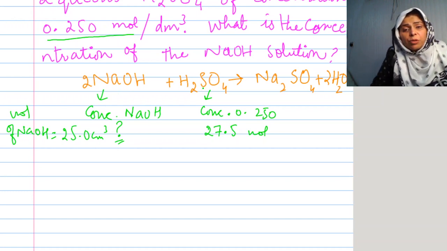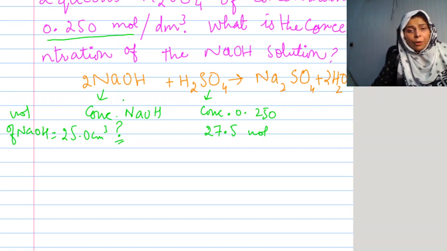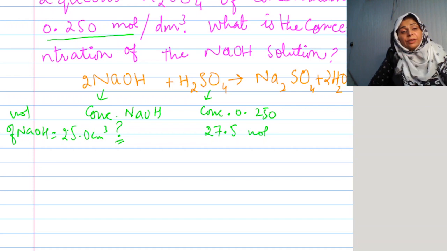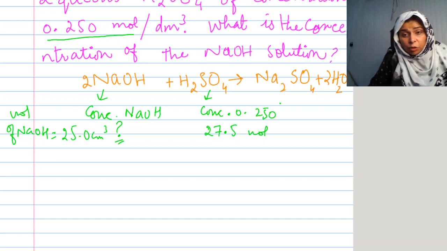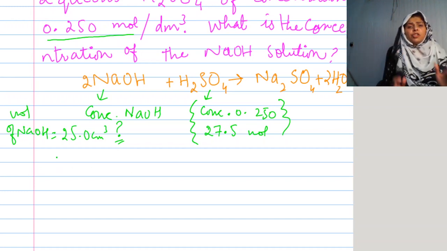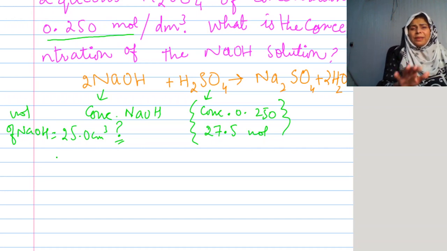Okay guys, look at this equation. Sodium hydroxide is going to react with sulfuric acid to make a salt and water, right? This is a neutralization reaction. We have to find the concentration of NaOH, and the volume is given. Two values of sulfuric acid are given, concentration and volume. Always remember, in stoichiometry type questions where chemical reactions are involved, please focus in the first step on the moles.